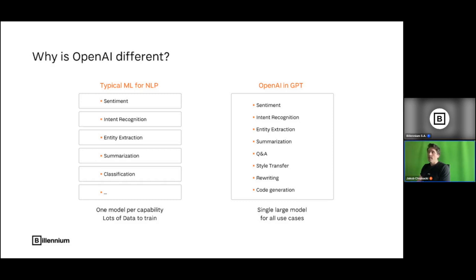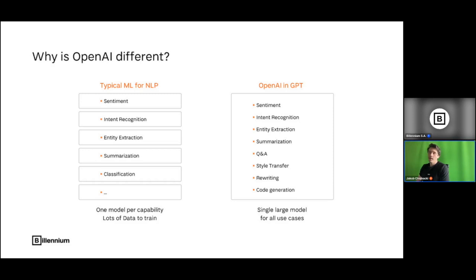In the past, when we used natural language processing before the GPT models, in an older approach, instead of a single big model that was able to do many tasks such as sentiment analysis, intent recognition, summarization, Q&A, and style transfer, we were given smaller models whose job was to do just a single type of task.